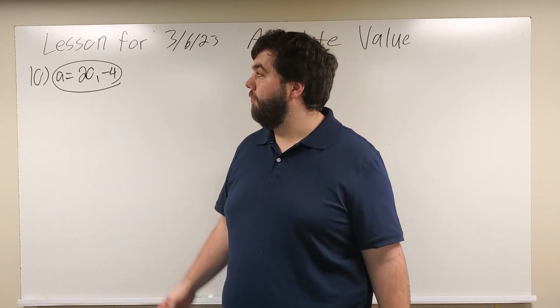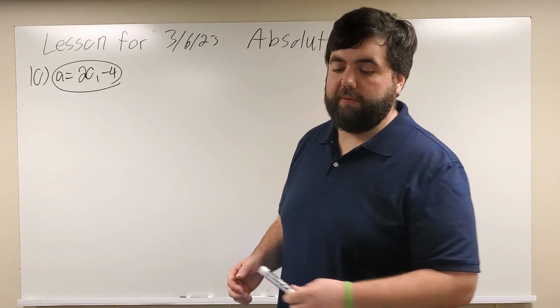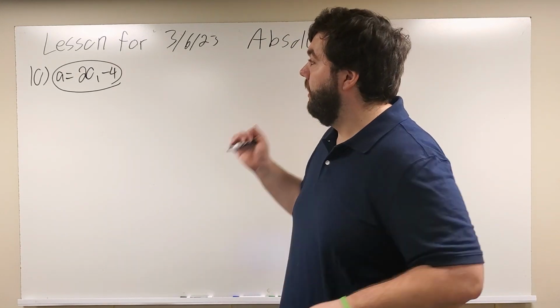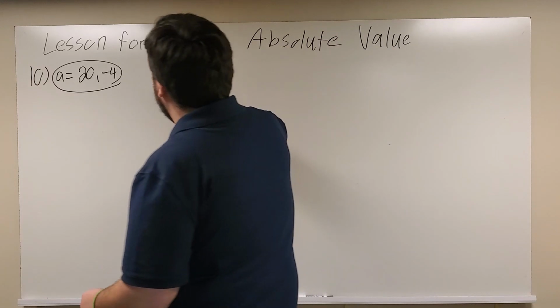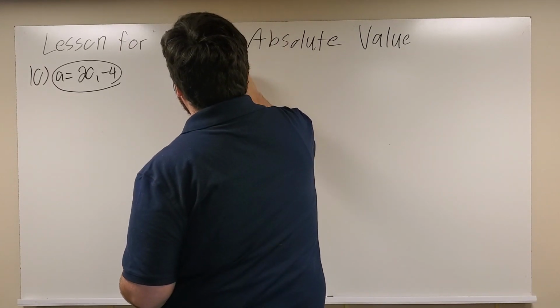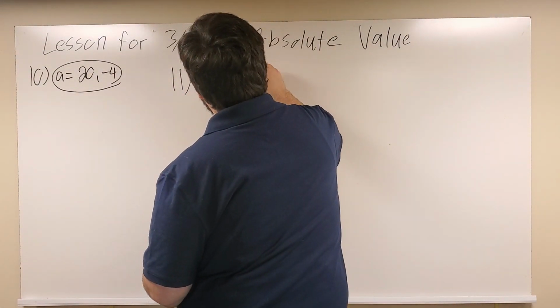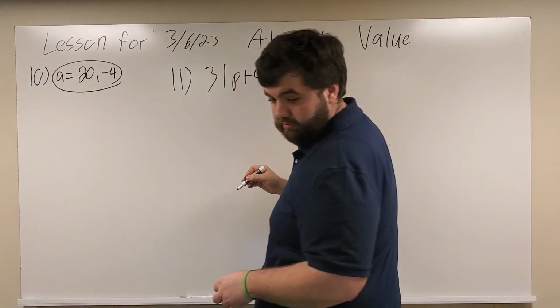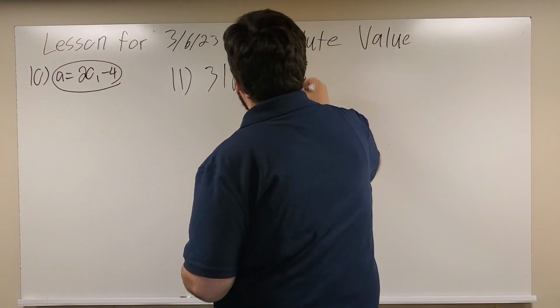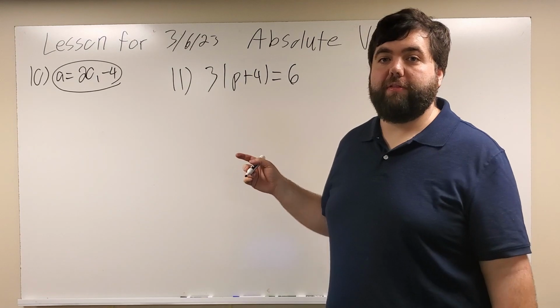Alrighty, hopefully for number 10 you got a equals 20 and a equals negative 4. I want to move on to number 11, which we have 3 times the absolute value of p plus 4 is equal to 6. Alright. I know earlier I said it was like a parentheses.